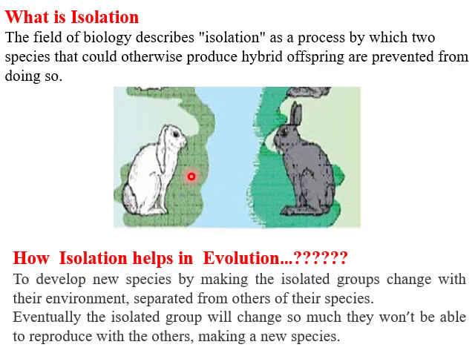Isolation is very important in evolution. You can easily observe in this diagram that when two species of rabbits are located in two different geographical areas, they are separated from each other and evolve different genetic makeup.